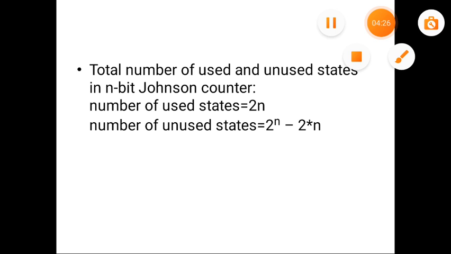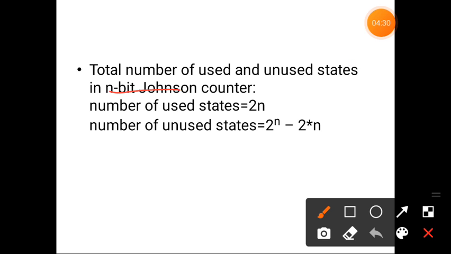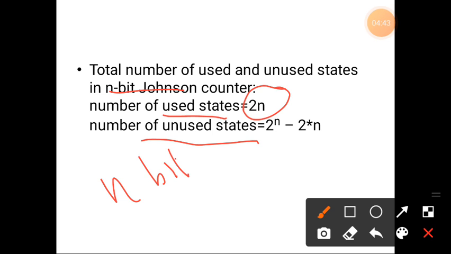For an n-bit Johnson counter, the number of used states is 2n. For the number of unused states, the total number of states for an n-bit counter is 2 raised to n, and the used states are 2n.